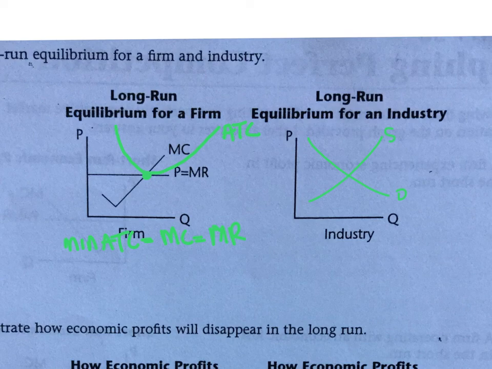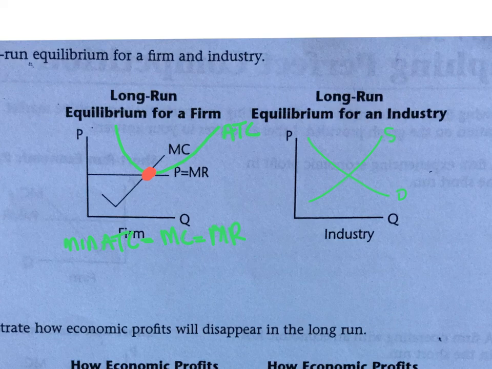In both situations, you achieve both allocative efficiency, meaning that you're making the right mix of goods, and productive efficiency, meaning that you're producing them at the lowest cost possible. And that's indicated on the right-hand side because your average total cost curve is at a minimum at that point. So minimum possible costs are incurred.